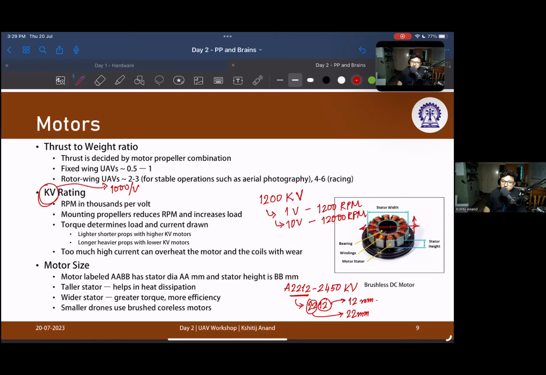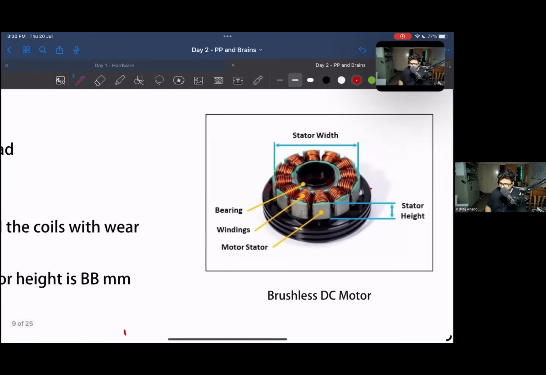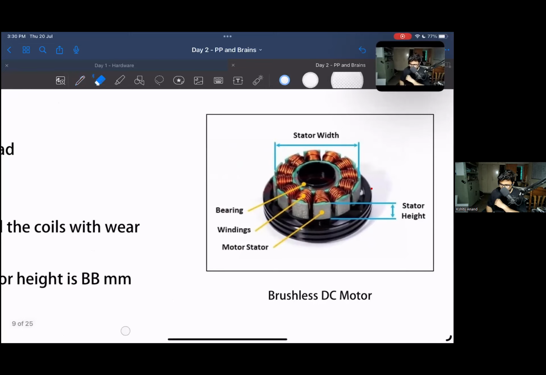Okay. So yeah, I'll just repeat the significance of this A2212 once again. If you just look at this picture here, this is the stator part of the motor. And there is a rotor part of the motor.